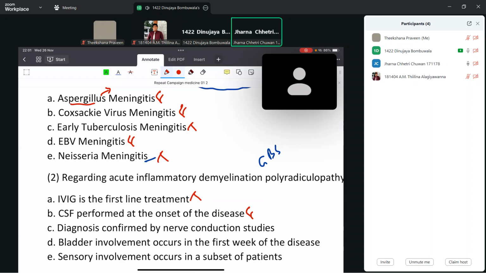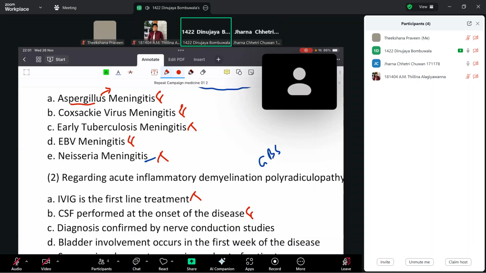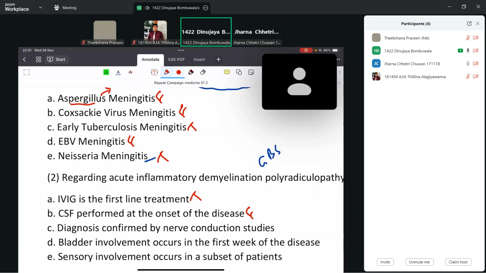No, it can't be confirmed by nerve conduction studies alone. We have to combine. So we can't take it as true. It only shows that there is demyelination, but we can't make sure that it is due to AIDP or CIDP. So we have to combine all those things together.